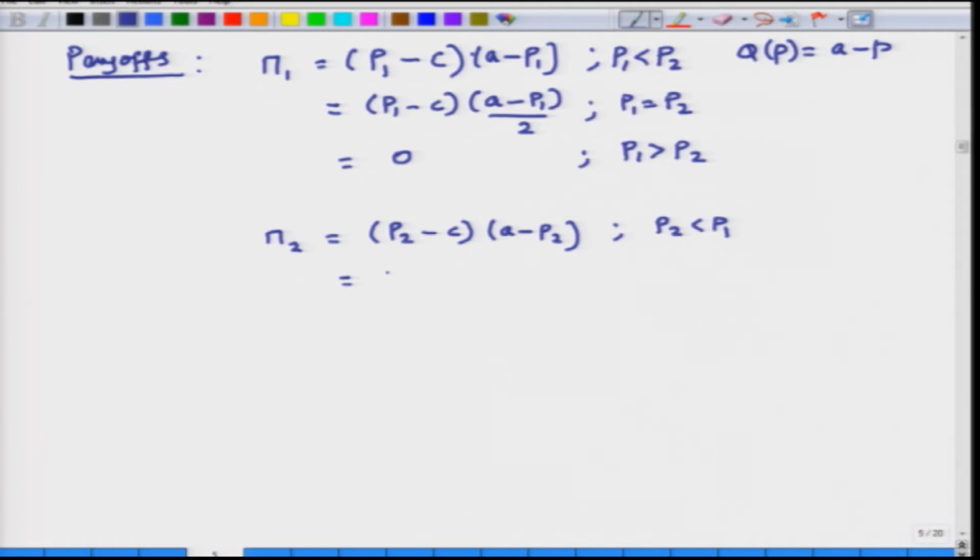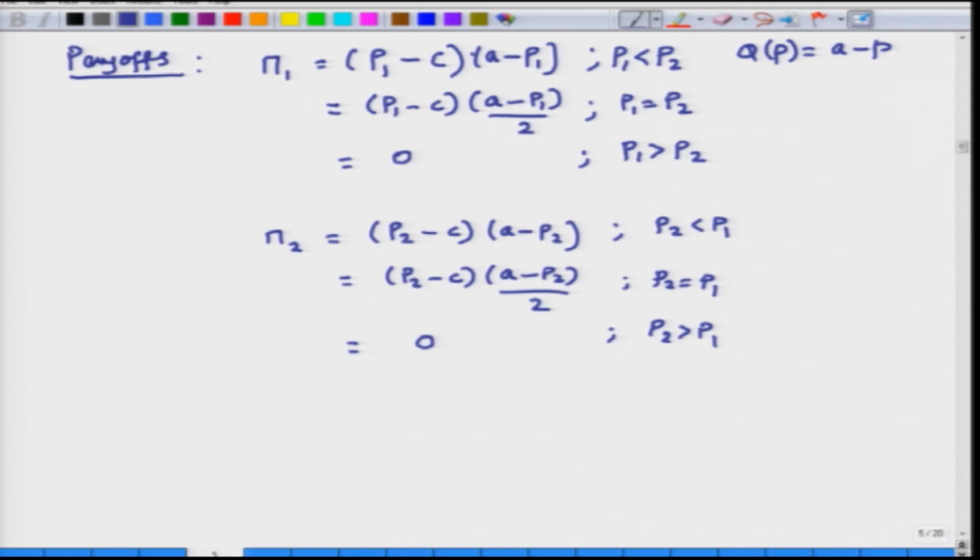If both the firms charge the same price, they split the market, so firm 2's profit is P2 minus C times A minus P2 divided by 2 when P2 is equal to P1. When firm 2 charges a price greater than the price charged by firm 1, it does not sell anything because no consumer comes to firm 2, they all go to firm 1, and P2 is greater than P1.